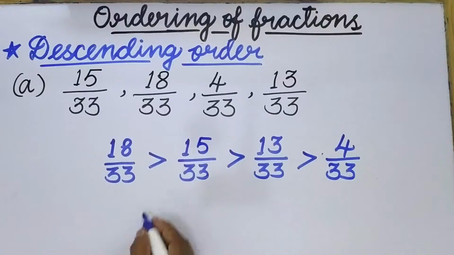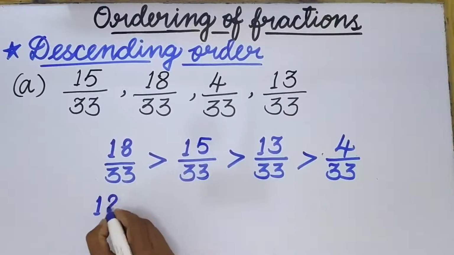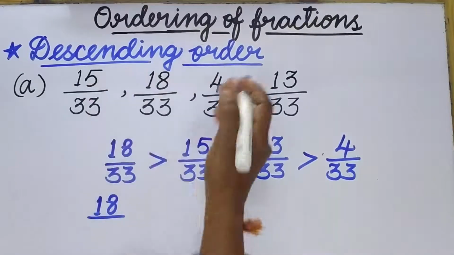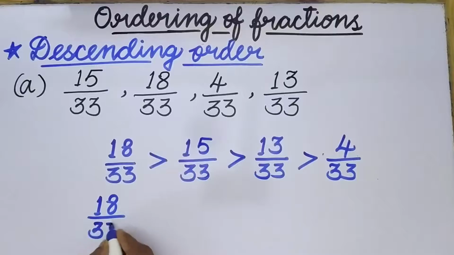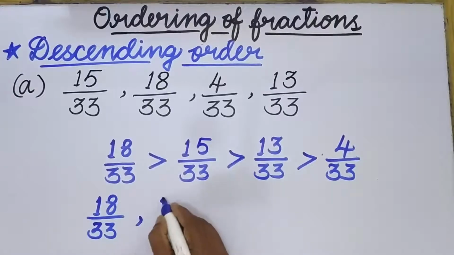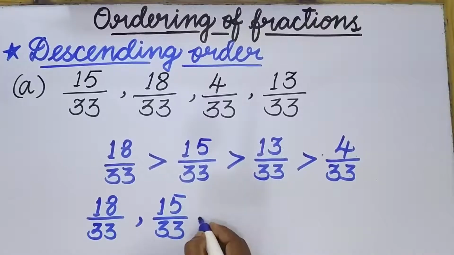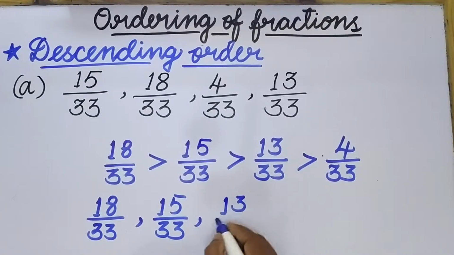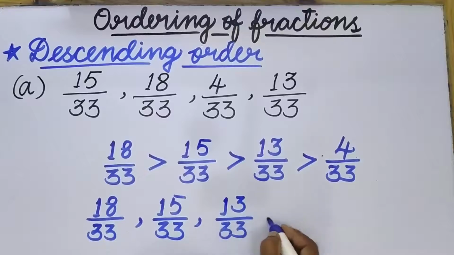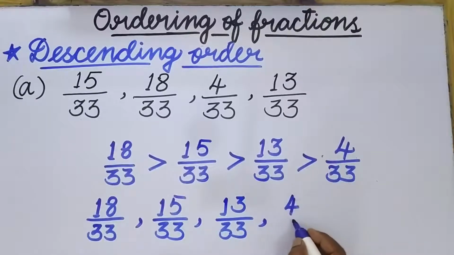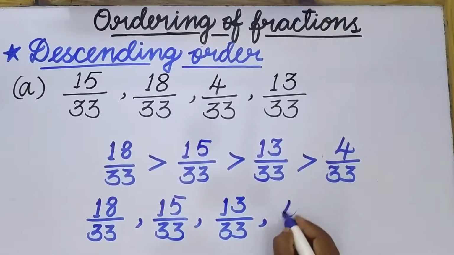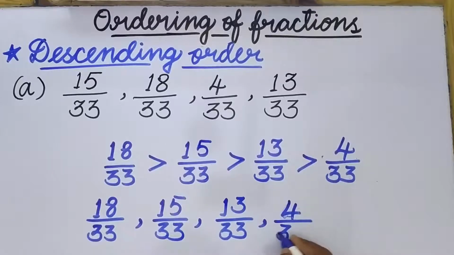In this way, we can arrange the given like fractions in descending order. So we can write here 18 by 33, 15 by 33, 13 by 33, and finally the smallest fraction 4 by 33. Alright.